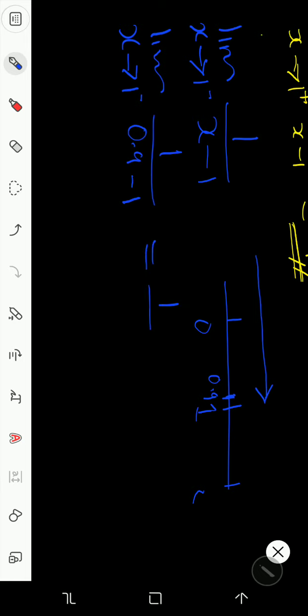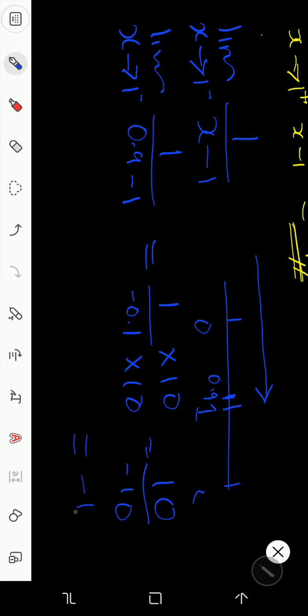Evaluating this at 0.9, you're going to have a negative 0.1 here. Again, I take you back to primary, multiply this by 10 just to eliminate this decimal point. This will give you 10 over negative 10.